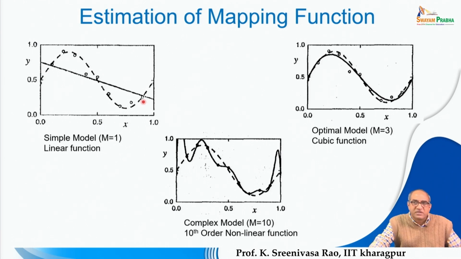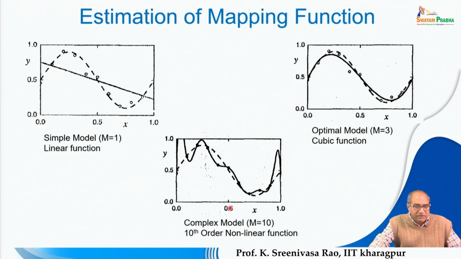The error is large and the bias is large, so the function is biased and underfits the data. You can see that a lot of data points are not at all close to the given function.